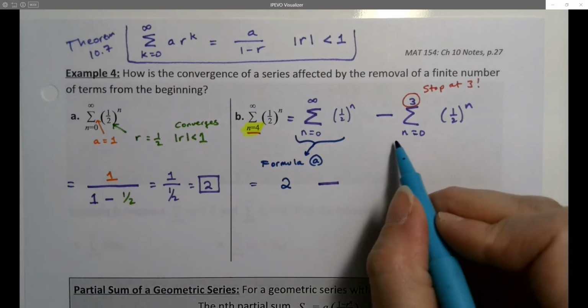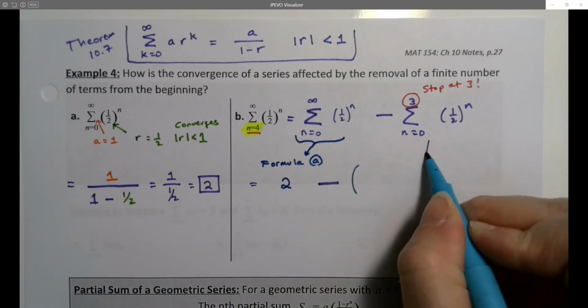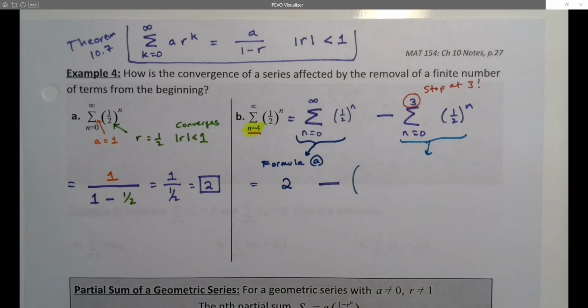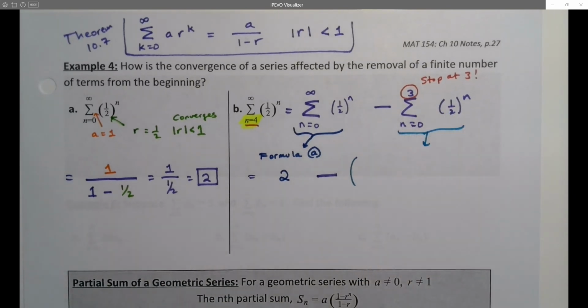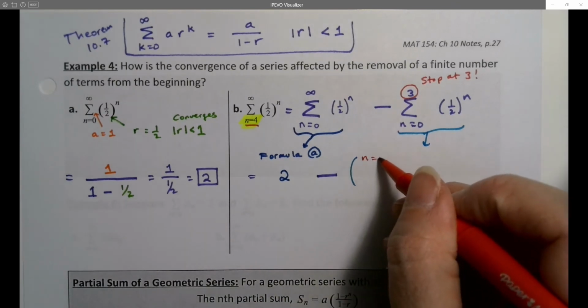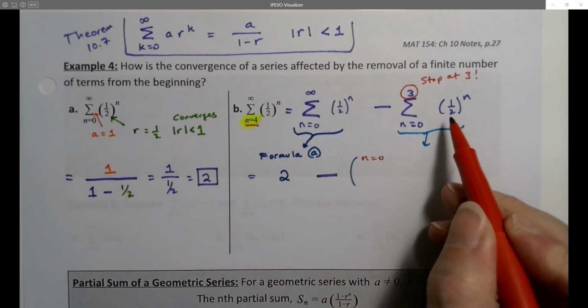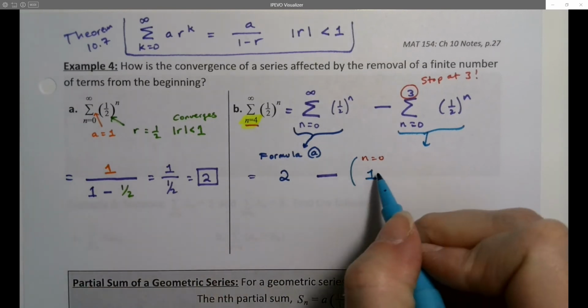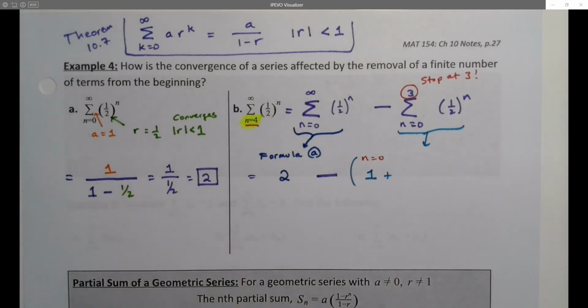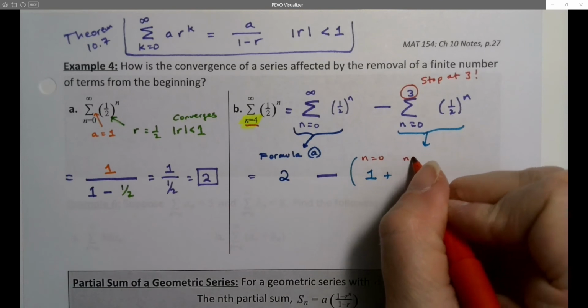and then we have to think about what all these other ones would be. So this bit right here, what would that work out to? So let's put in 0, 1, 2, and 3 in our heads. So let's start at n equals 0. If you put 0 in here, a half to the 0 would be 1. Plus, because it's a sum, so we would add. Now let's put 1 in.